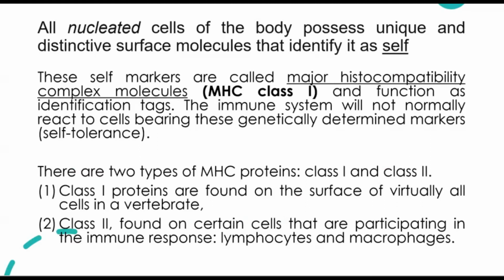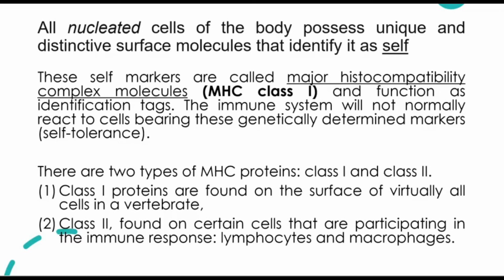So there are two types of MHC. MHC class 1 molecules are cell surface recognition elements expressed on virtually all somatic cells. These molecules sample peptides generated within the cell and signal the cell's physiological state to effector cells of the immune system, both T lymphocytes and natural killer cells. So MHC 1 molecules are cell surface recognition elements.